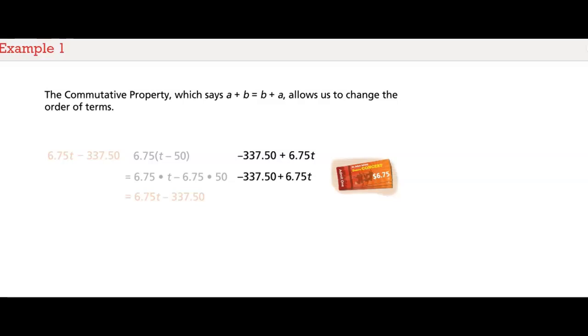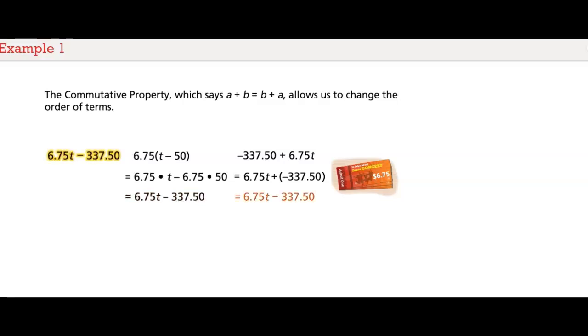Negative 337 50/100ths plus 6 75/100ths times T is equal to 6 75/100ths times T plus negative 337 50/100ths. And adding a negative number is the same as subtracting its opposite.